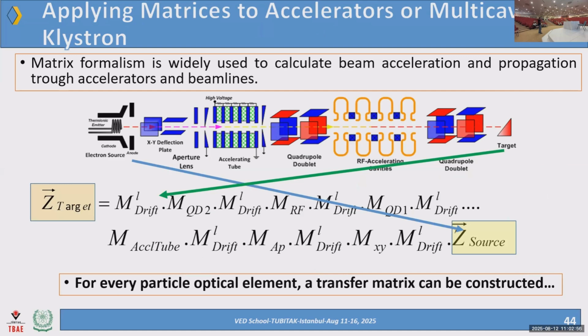Then let's say, for example, if we have XY deflectors which just guide that beam into a straight path, then of course this will have a matrix of its own. Then there's a drift space. Then there's an electrostatic acceleration. If we have an accelerating cavity, for example, multi-cavity klystron, and then we have quadrupole magnets.